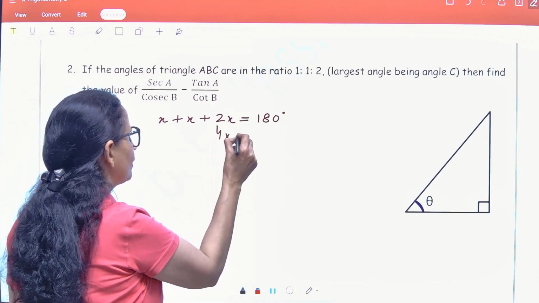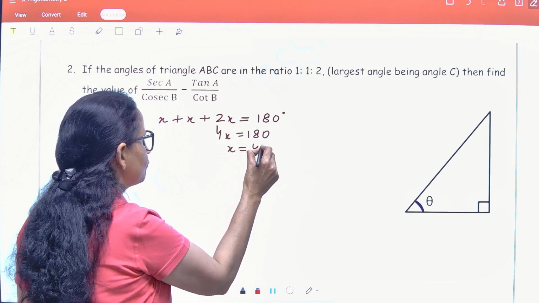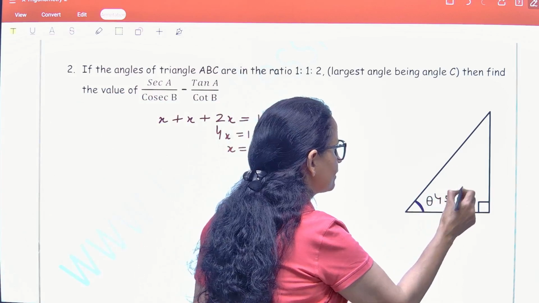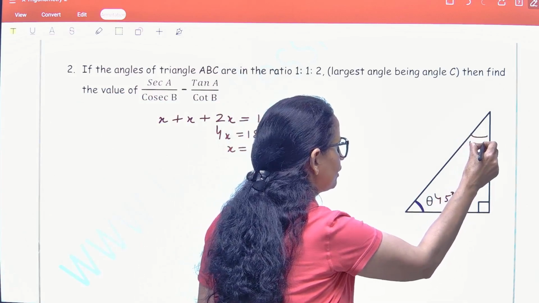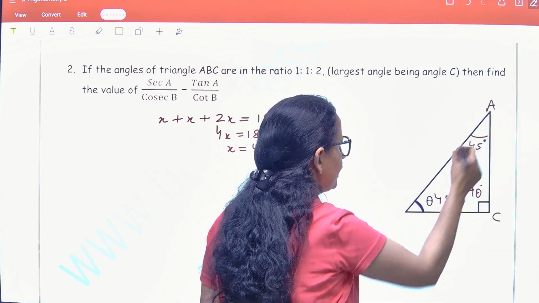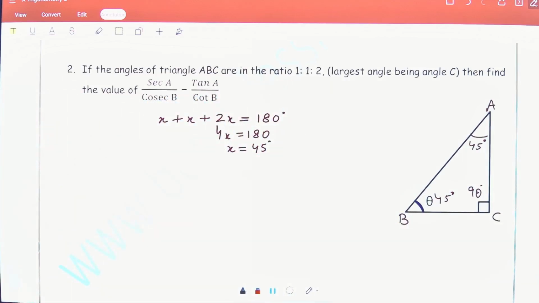That means 4x is 180, and this gives us a value of x as 45 degree. So this means in the triangle the two angles are 45 degree and 45 degree, and the largest is 90 degree, which is angle C. A and B can even exchange the places because both are same now, right?